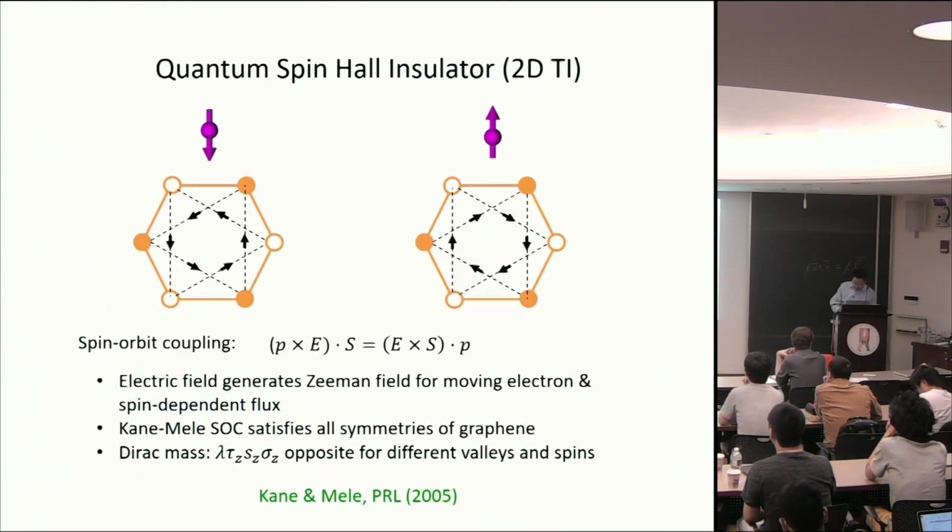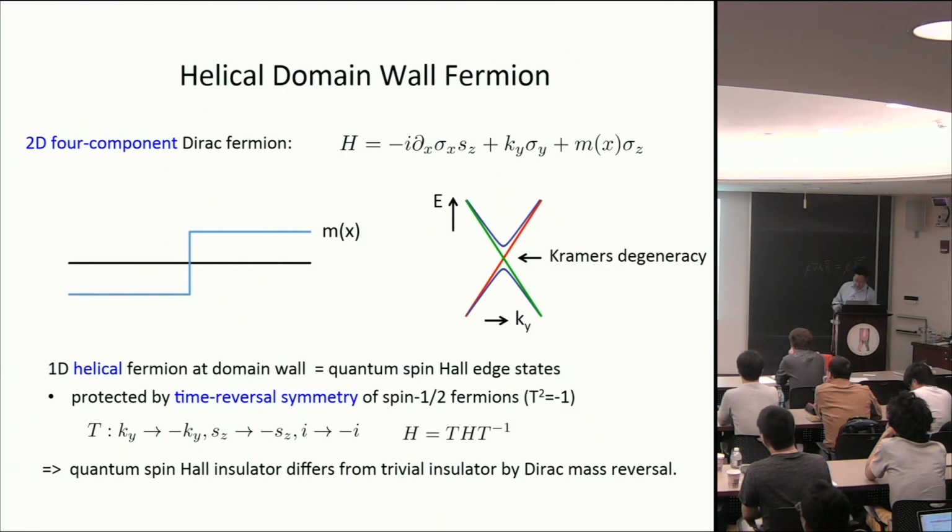Not only is there a mass sign change in one valley, but the mass sign change is also opposite for the 2 spin states. That's why we generalize from the 2-component Dirac equation to the 4-component Dirac equation: 2 components coming from the sublattice, 2 coming from the spin.